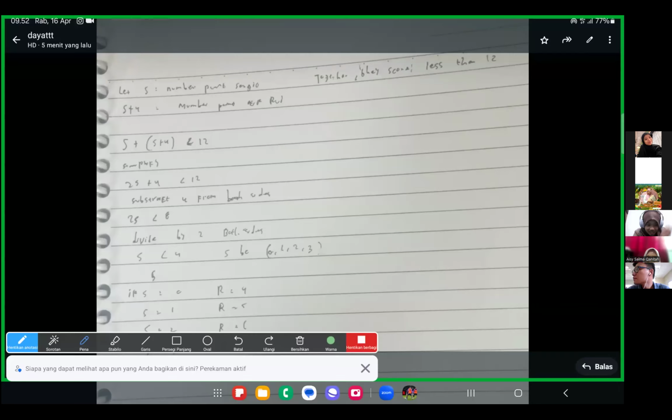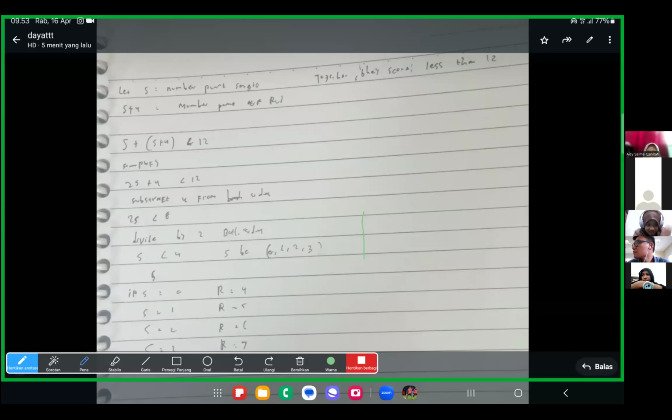And S plus open bracket S plus 4 close bracket less than 12, simplify. Maka R equals 4.